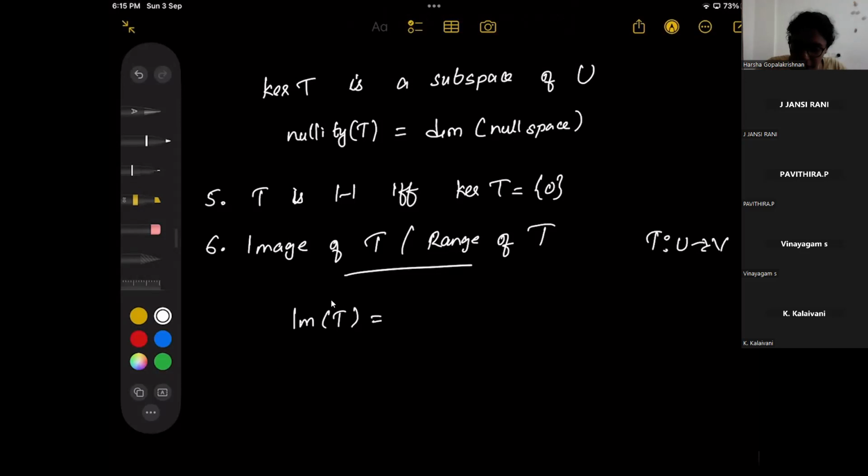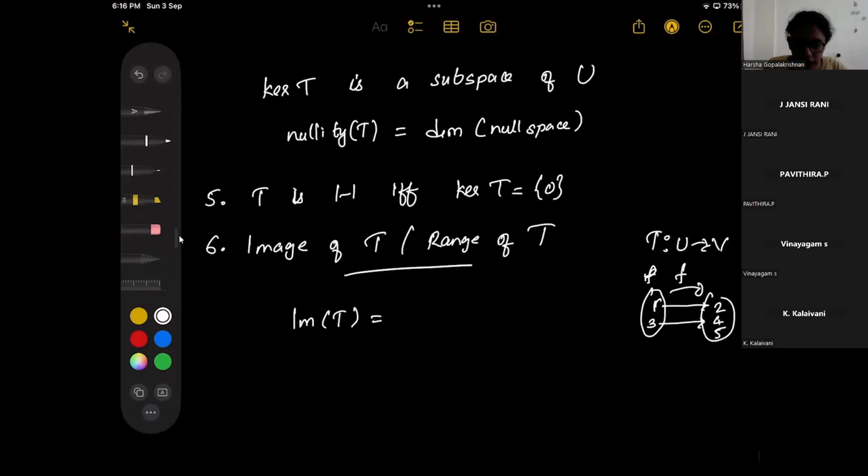So for any function f we are taking, if we have 1, 2, 3, 4, 5, something like this, and 1 is mapping to 2, 3 is mapping to 4, and 5 remains like that, it is not mapped. So in general, the image of f means only 2 and 4, right? 5 is not there. That means it is not the whole space. What are all the elements which are mapped under the map?